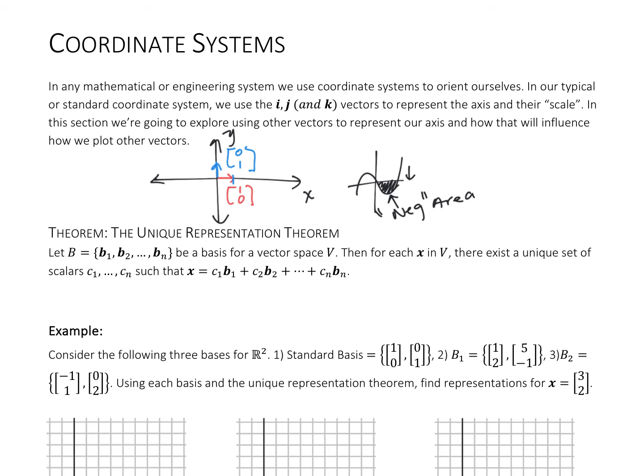So if I want to talk about some vector in that space, there's only going to be one set of scalars that gives me that exact vector for that basis. So each basis gives me a unique set of scalars that describes the linear combination.